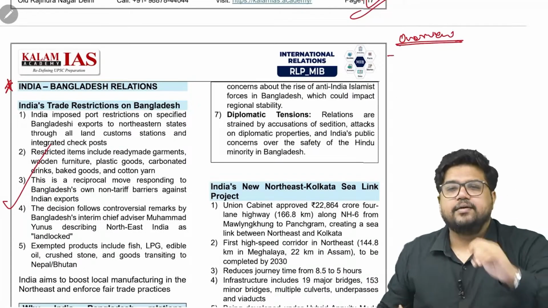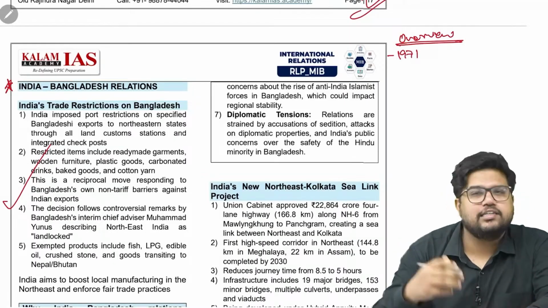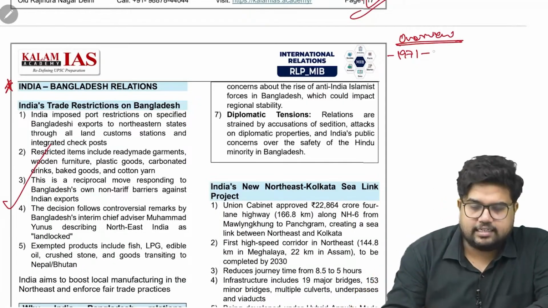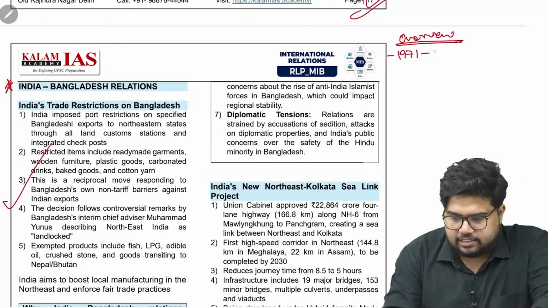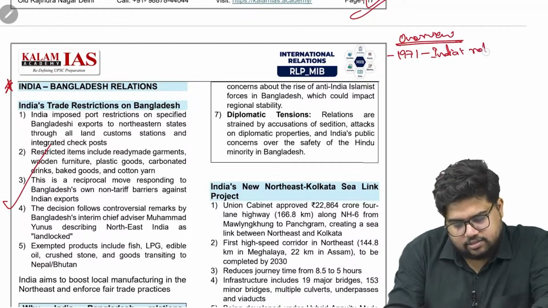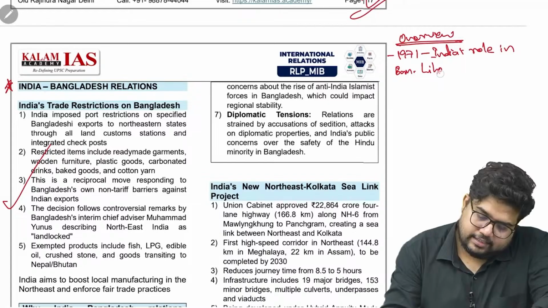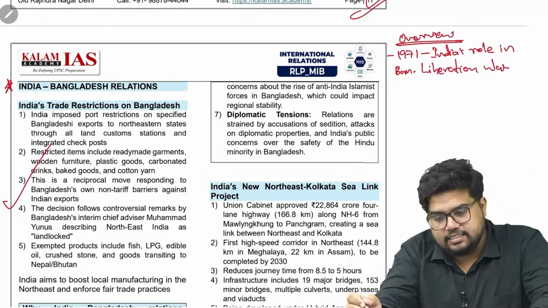Now, India-Bangladesh relations started in 1971. Before that, it was East Pakistan. In 1971, India actively took part in the Bangladesh liberation war, and it is with India's role in the Bangladesh liberation war that India-Bangladesh relations start.